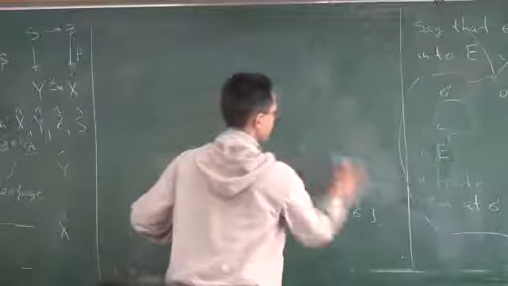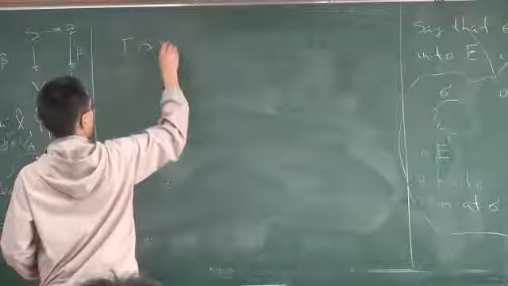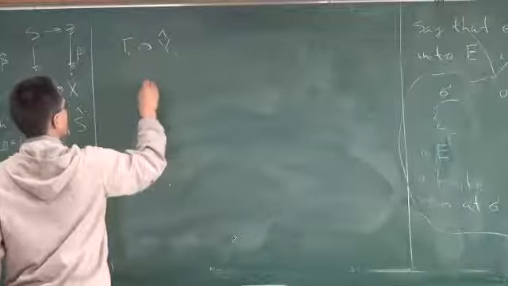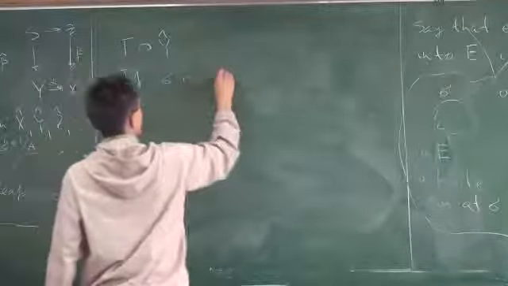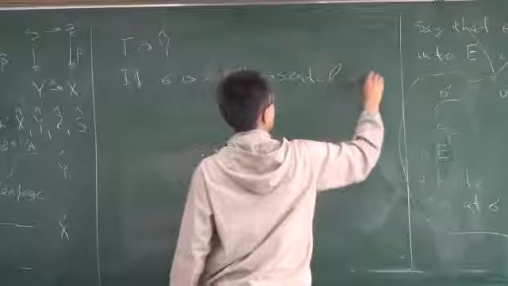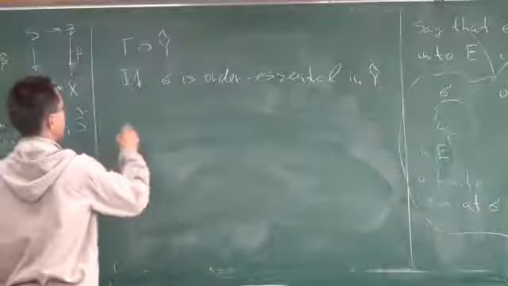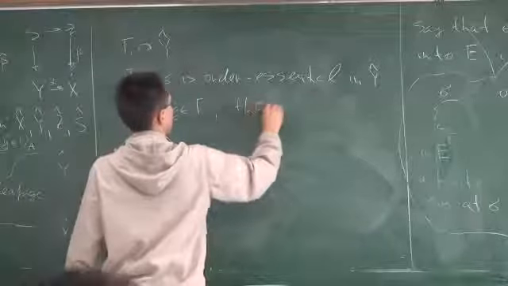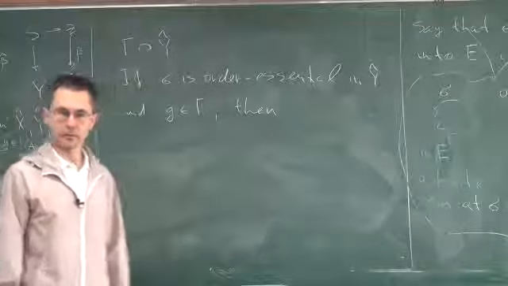The second observation is that we can consider the group action. We recall that gamma acts on y hat. And so if sigma is order essential in y hat, so it's an edge which is order essential in y hat, then you just pick some element g in gamma. Then what can we say about the image? We take sigma and translate it by the group element.